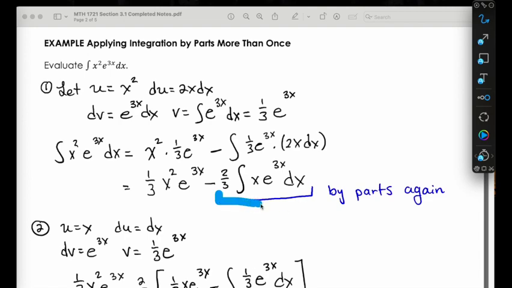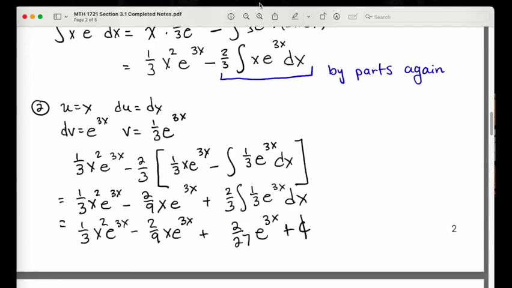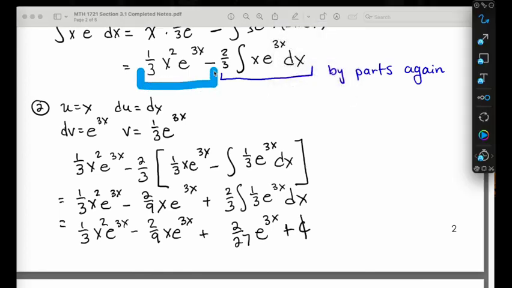Okay, so we're going to perform integration by parts a second time. So keeping in mind that we still have this out in front and we just need to rewrite this again using integration by parts. So I'm going to let u be x and dv be the e to the 3x dx.